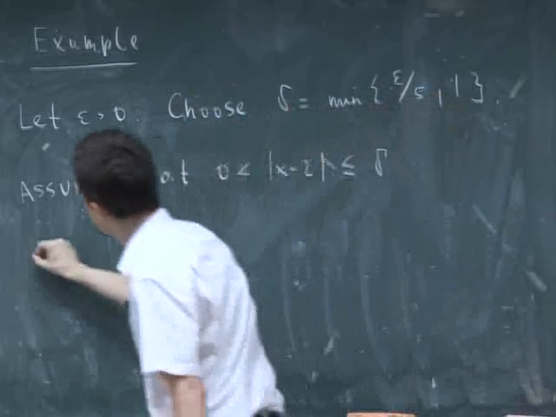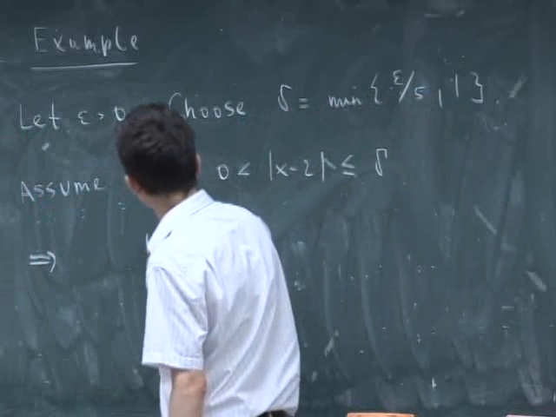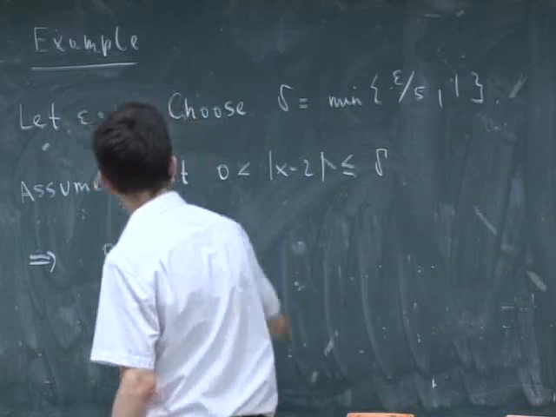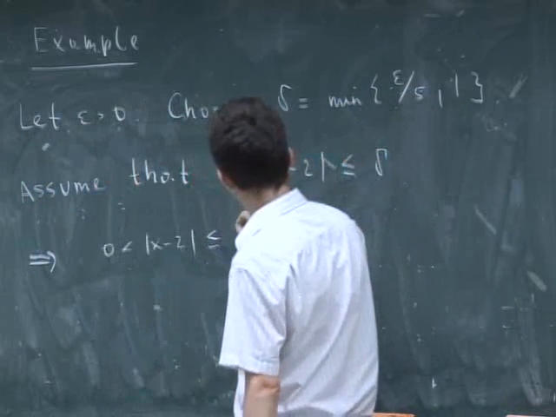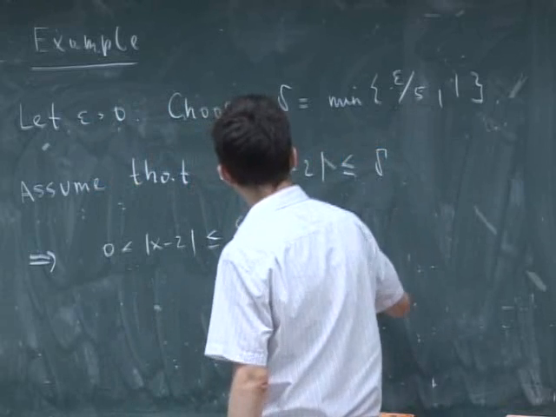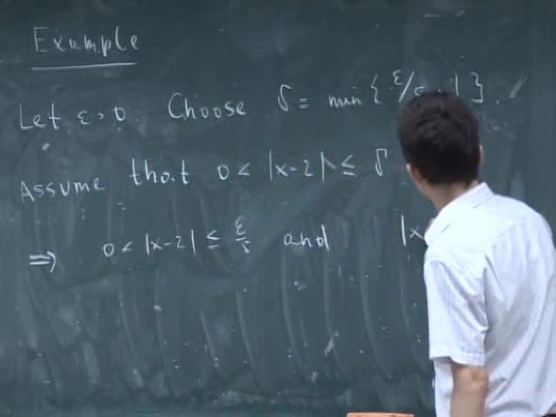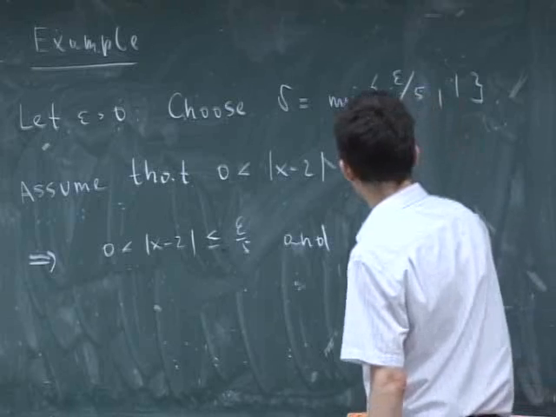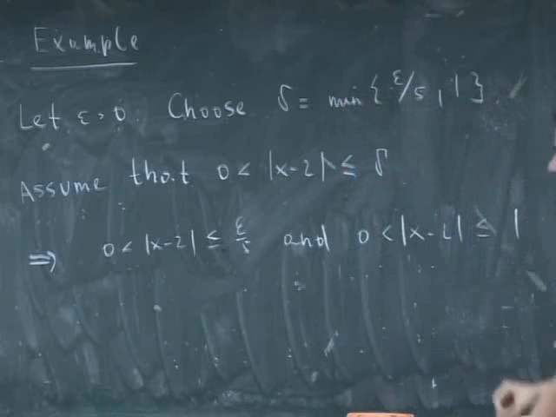From this you get that the distance between x and 2 is larger than 0 and smaller or equal than both epsilon over 5 and 1.